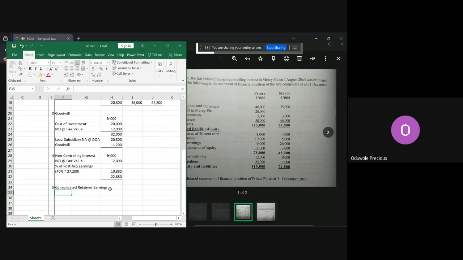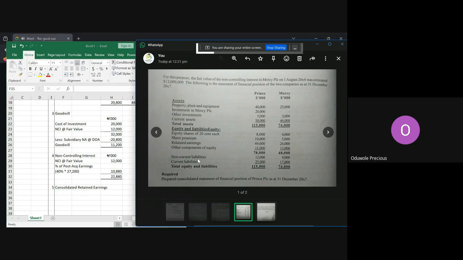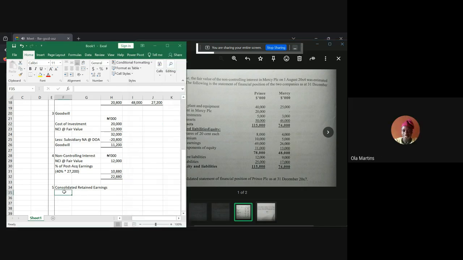So how will you do your consolidated retained earnings? That will be the value of your retained earnings for the parent. What is parent retained earnings? 49 million. Parent RE, parent retained earnings, 49 million.